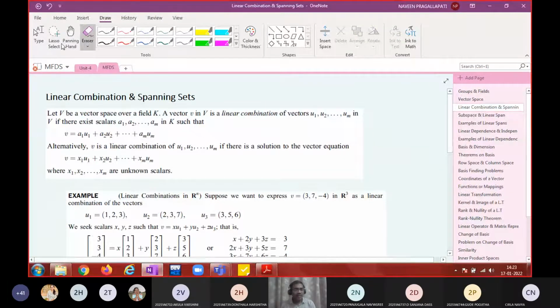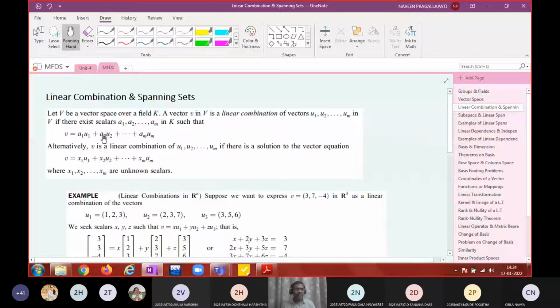Okay, so if you have a set of vectors, whenever I say vector, that means they are the elements of the vector space V. What do you mean by a linear combination of these vectors? You take some scalars a1, a2, and so on, am, and form an expression like this: a1 u1, where a1 is a scalar, u1 is a vector, a1 into u1 is a vector, and a sum of vectors is a vector, so this expression is going to be a vector.